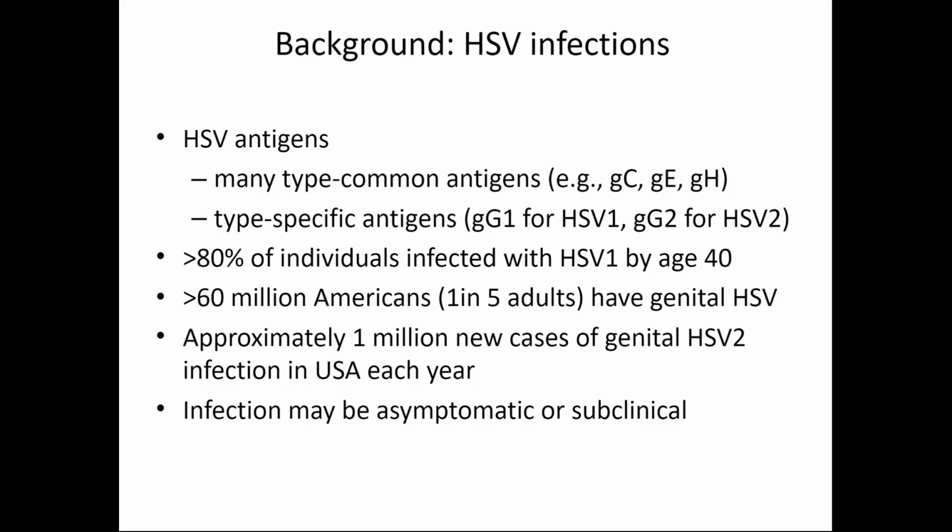When it comes to genital HSV, though, that rate is 1 in 5 adults in the US. That's greater than 60 million Americans with genital HSV. There are approximately 1 million new cases of genital HSV-2 every year in the US, and these infections may be asymptomatic or subclinical.